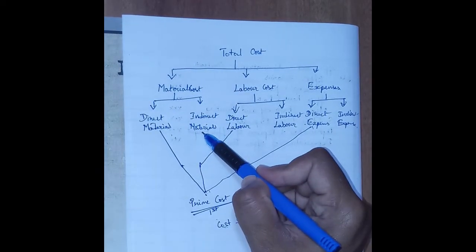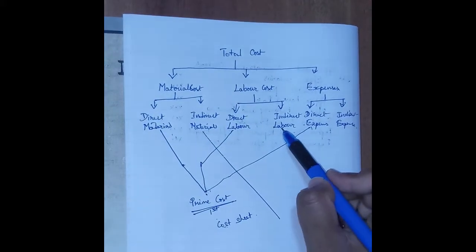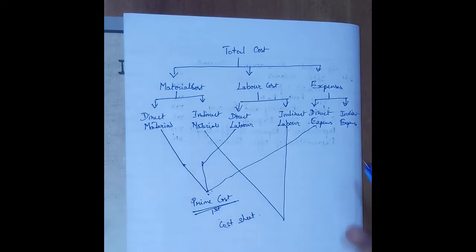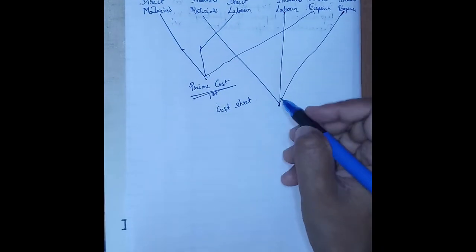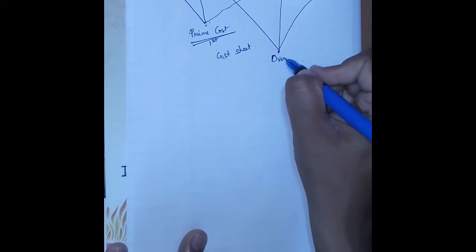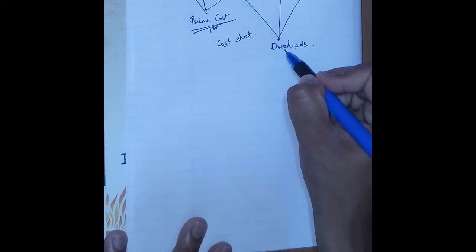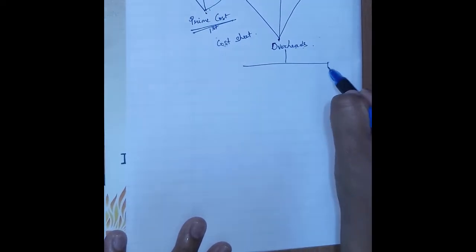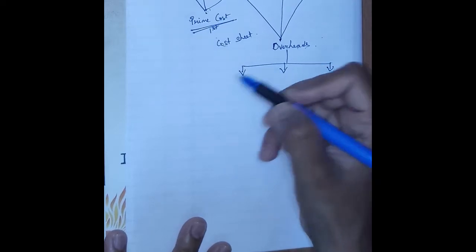We have to add indirect material, indirect labor, and indirect expenses. How will they be added? They come under overheads. So this overhead is divided into another three subcategories.